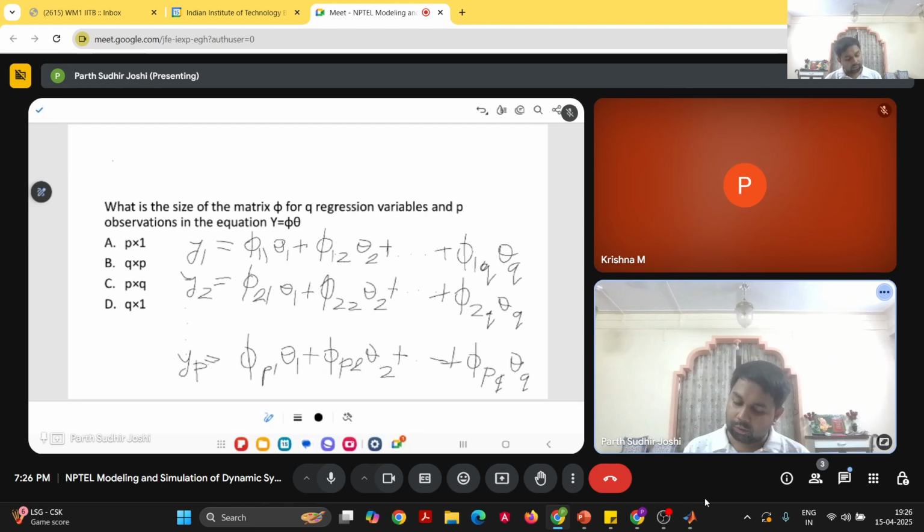So the matrix y will be p cross 1, which equals phi times theta, and the matrix theta is q cross 1. Therefore matrix phi should have p rows and q columns. So the correct answer to this question is C, p cross q.